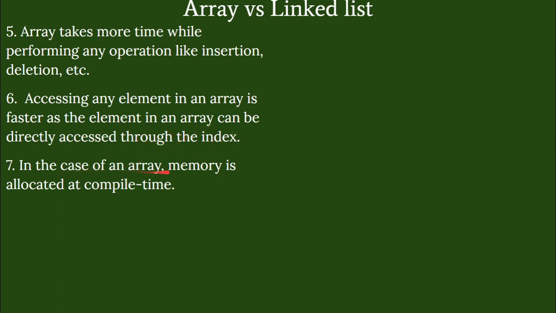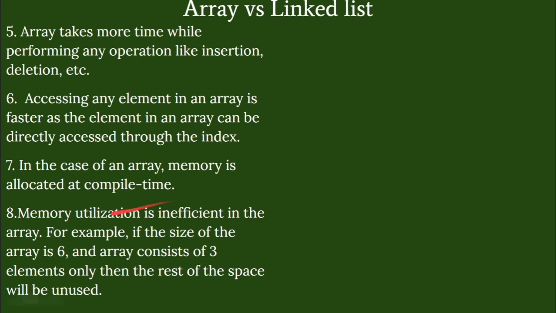In the case of an array, memory is allocated at compile time. So compile time is the time before the execution of the program. While you type the program, edit, and make the corrections in the program, that is the compilation phase. In that compilation phase, the memory area is allocated for the array. And the next difference is memory utilization is inefficient in the array.